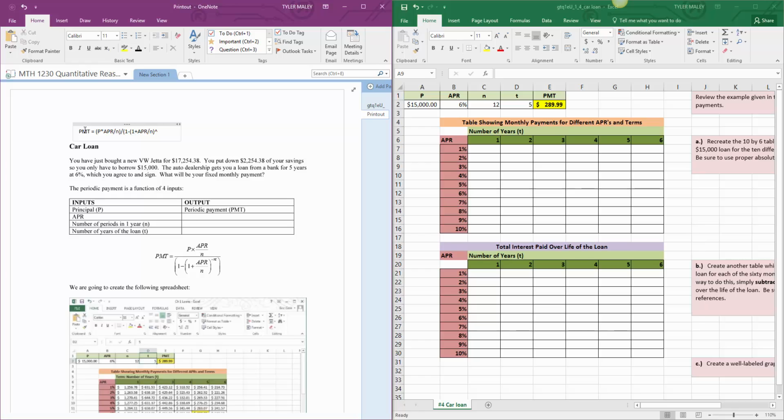So this symbol, so you'd hit the caret key, and then open parenthesis, negative N, and then asterisk for times, right? Negative N times T, right? And then we need to close two parentheses, right?